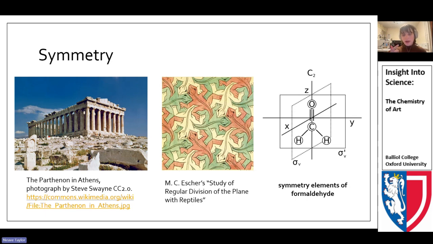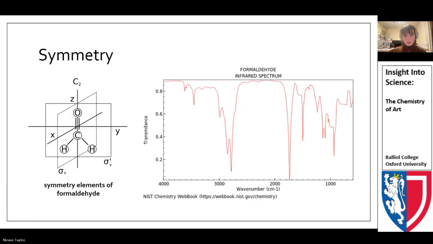So I'll just give you one example of how that's useful now. This molecule is formaldehyde, which is a nice simple molecule example. And on the left-hand side is a diagram of the different symmetry elements of formaldehyde. I won't go into detail on the different types of symmetry that exist in molecules, because if you do come to Oxford, you'll spend quite a lot of time on that yourselves. But basically, when light and matter are interacting, there are certain rules that govern when absorbance or emission can happen.